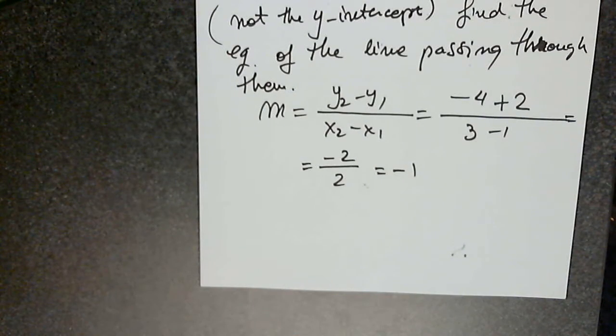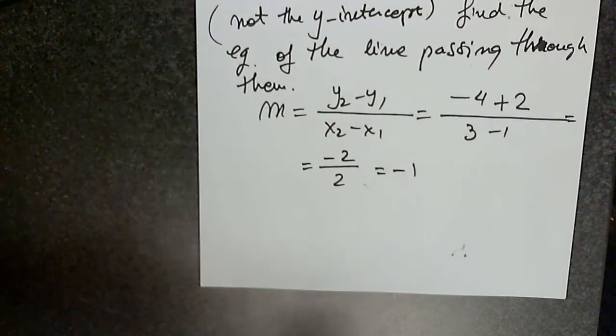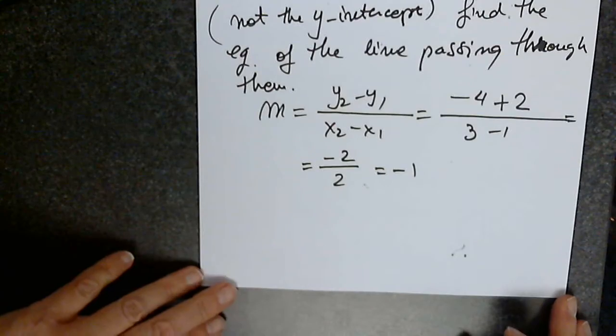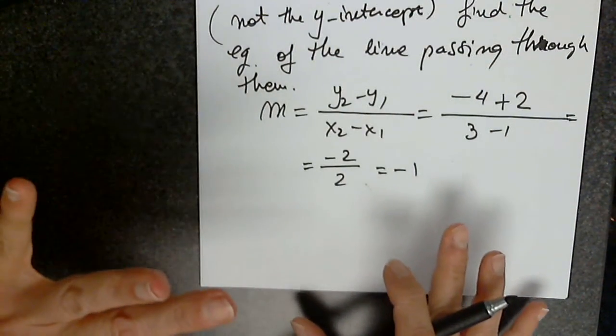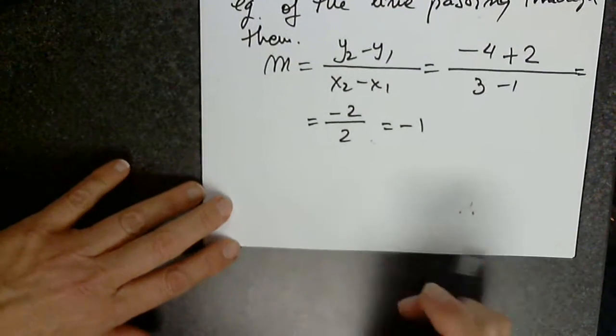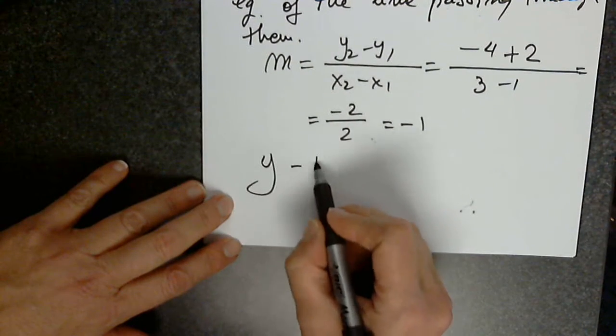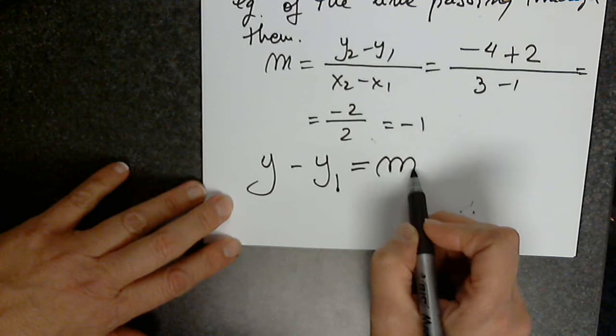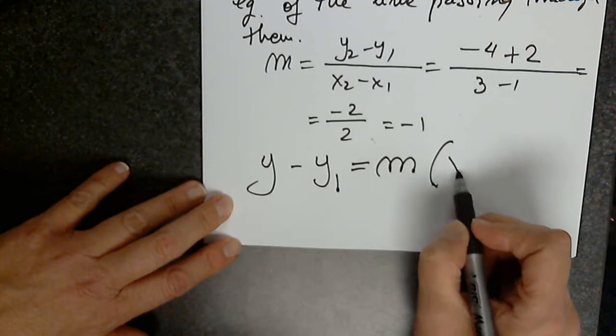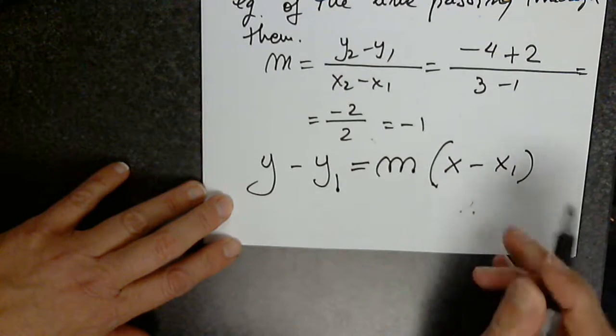The question is now, what do I do? Because I have the slope, but I don't have the y-intercept. Well, there is a different equation of the line for this specific situation in which I don't have the y-intercept. And here it is: y minus y1 equals the slope times x minus x1.